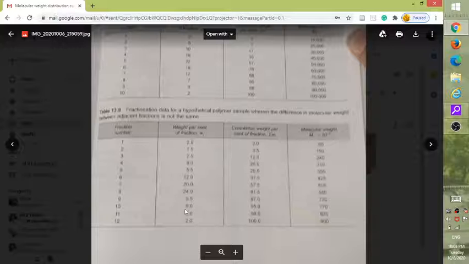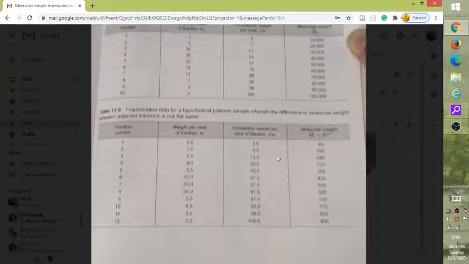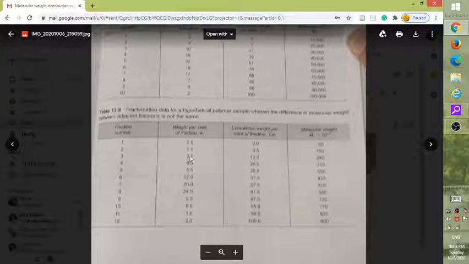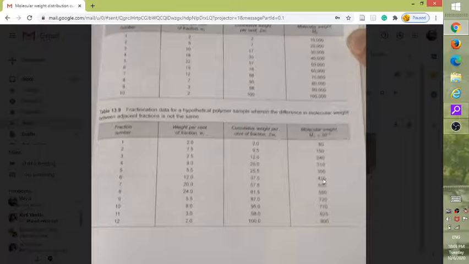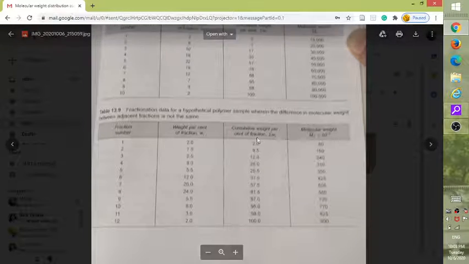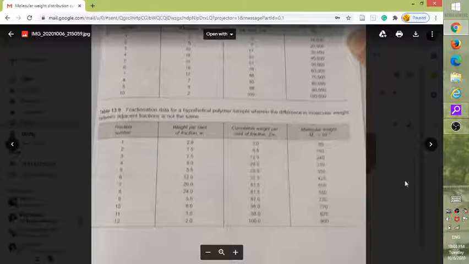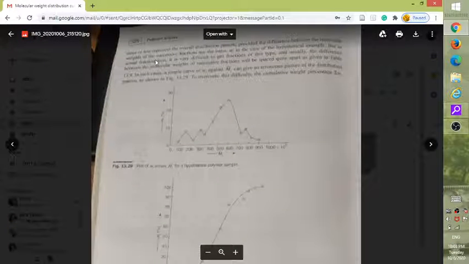Then this is the weight percent, and the cumulative weight percent, nothing but adding 7.5 to 7.5, 9.5, then 9.5 plus 2, 11, 12, and like that, the cumulative summation of Wi. This would more or less represent the overall distribution pattern of the earlier one, provided that the difference in the molecular weight of the successive fractions is the same as in the case of the hypothetical example.